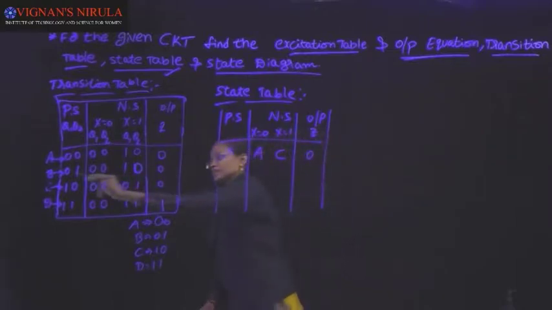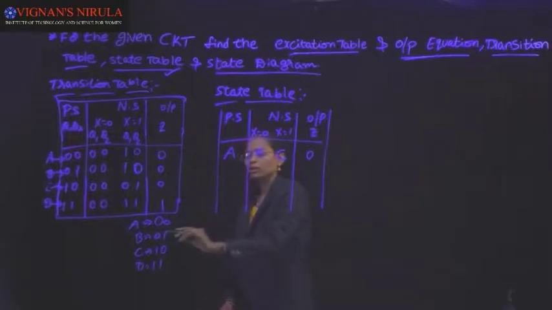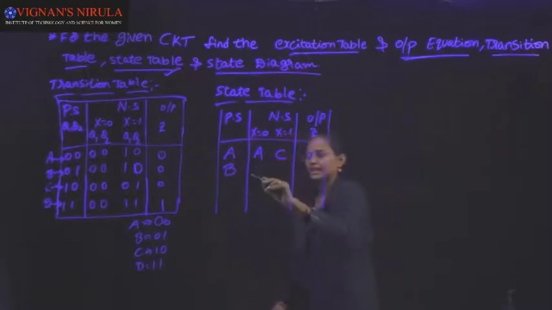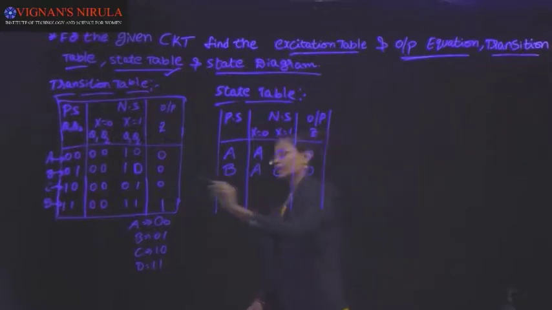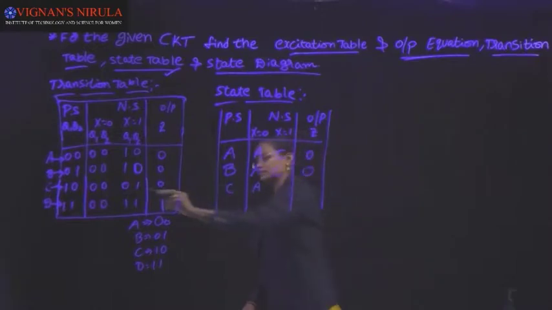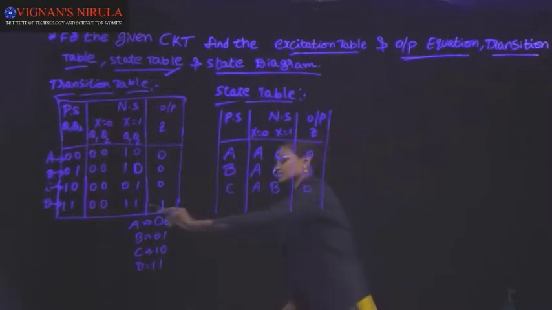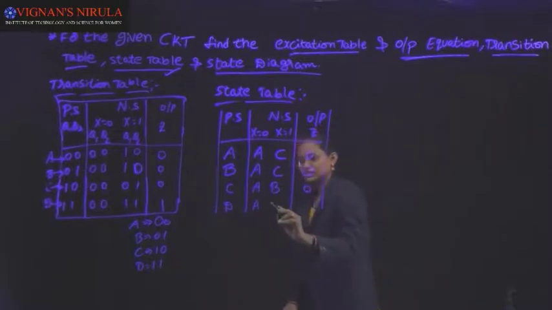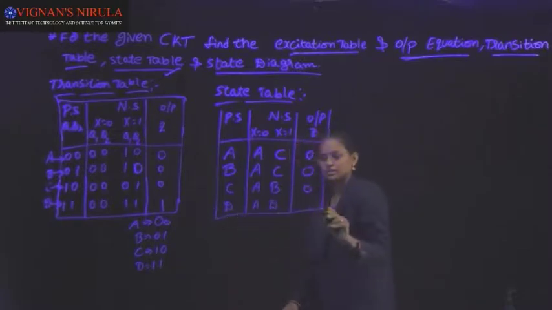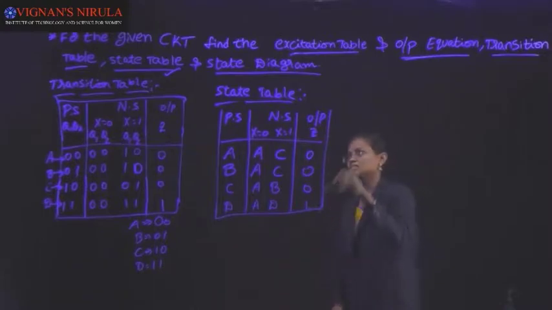Next, 1 0 is C: next states 0 0 is A and 0 1 is B, and the output is 0. Next, 1 1 is D: next states 0 0 is A and 1 1 is D, and the output is 1. This is the state table.